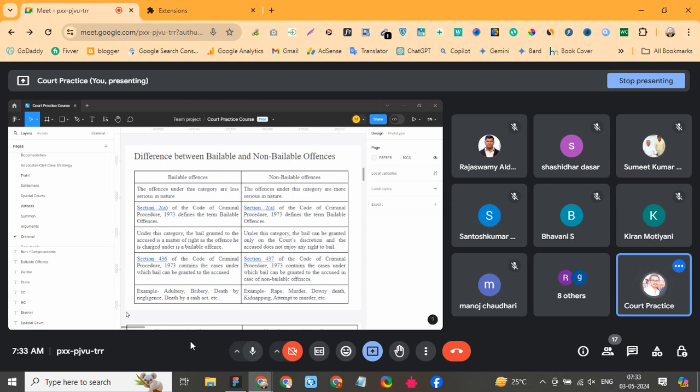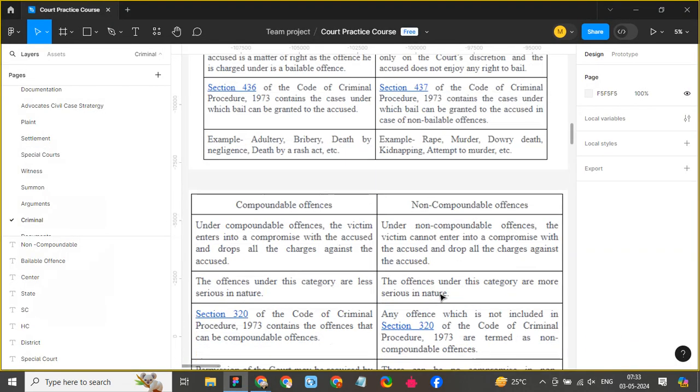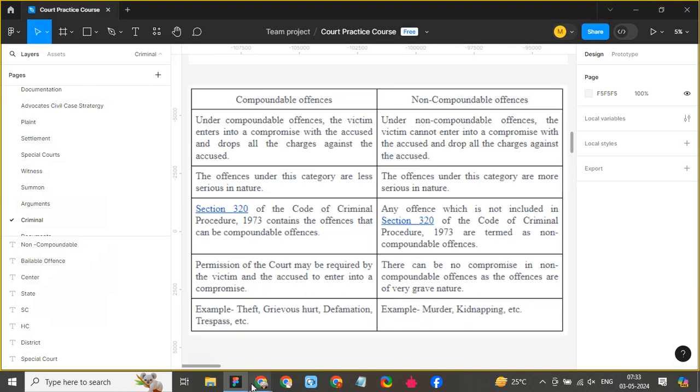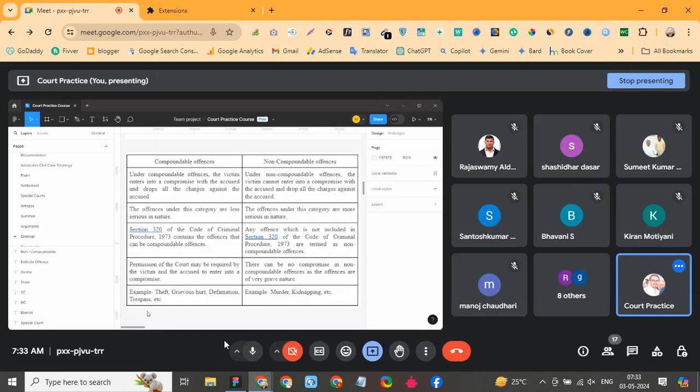The last part regarding the types of offense is compoundable offense and non-compoundable offense.